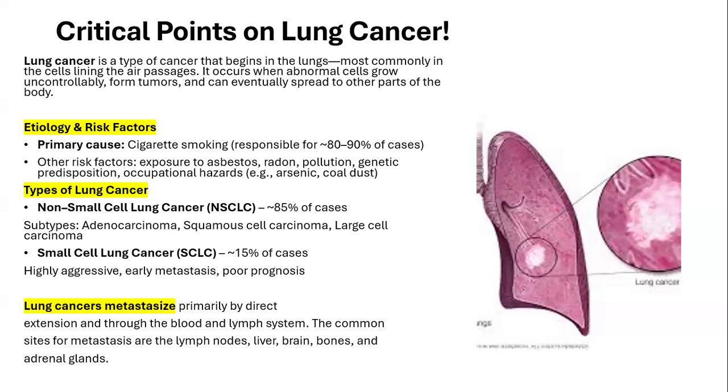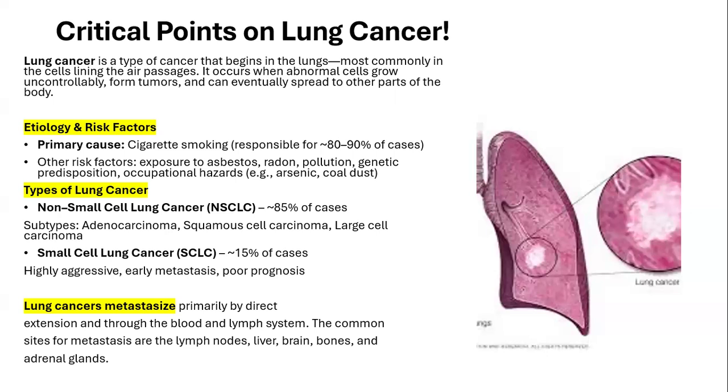The main etiology and risk factor is, of course, cigarette smoking. It is responsible for 80 to 90% of cases, and there are other risk factors such as exposure to asbestos, radon, pollution, genetic predispositions, and other occupational hazards.